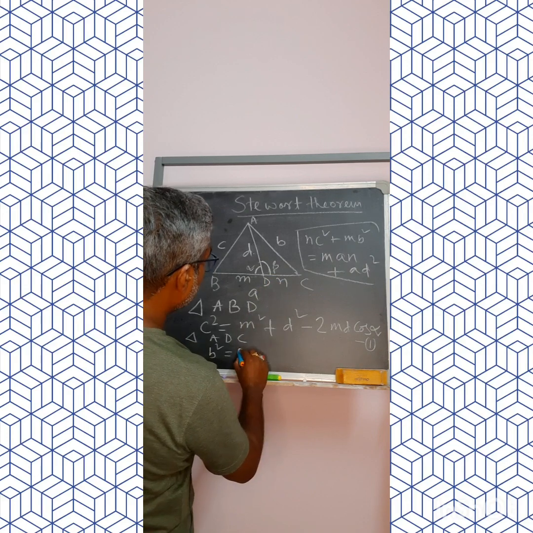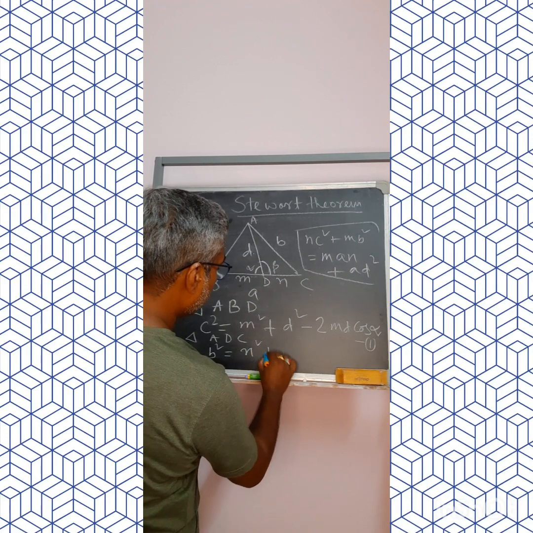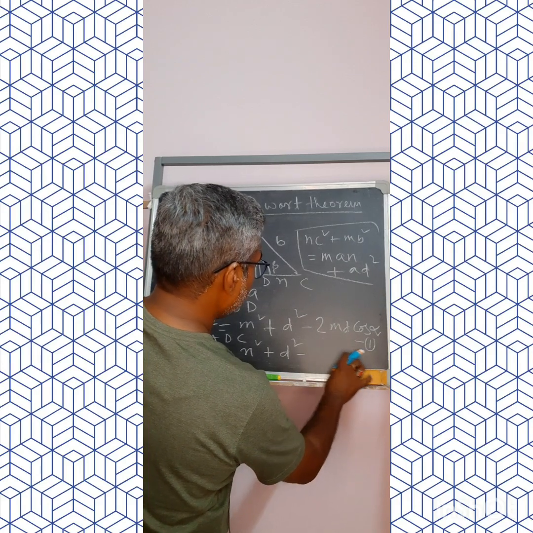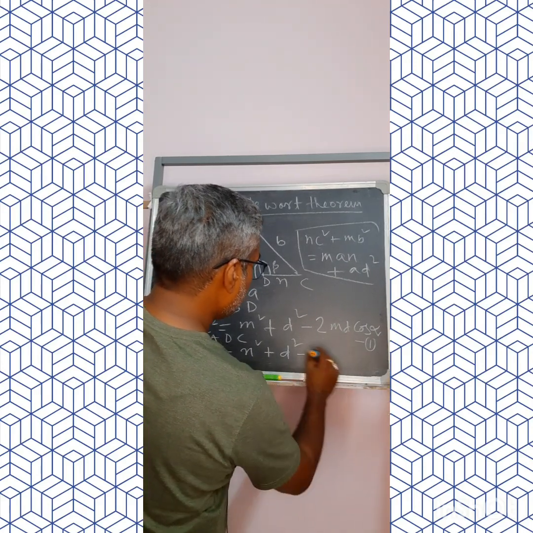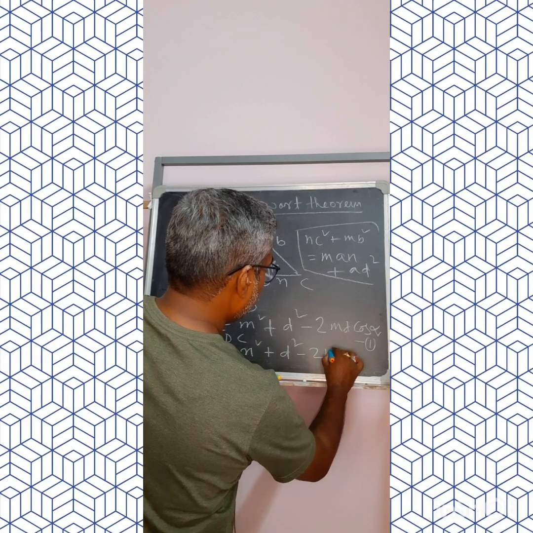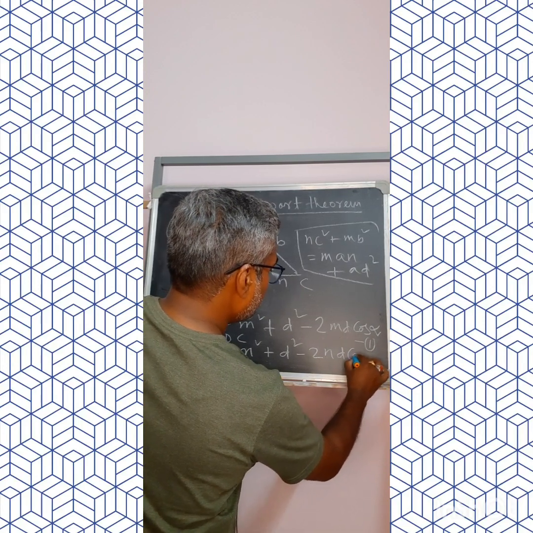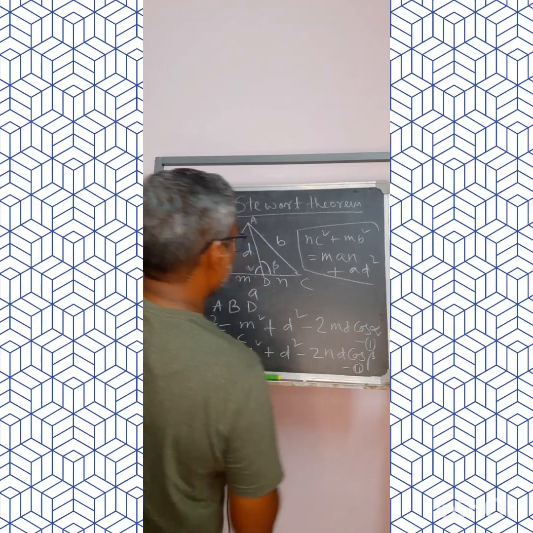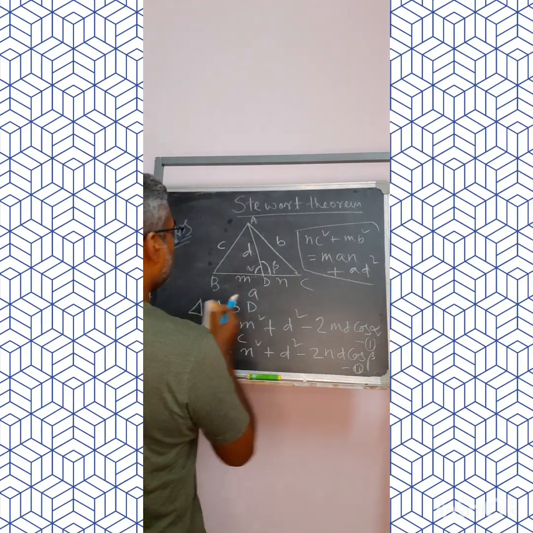So this gives n square plus d square minus 2nd cos beta. This will give the second equation.